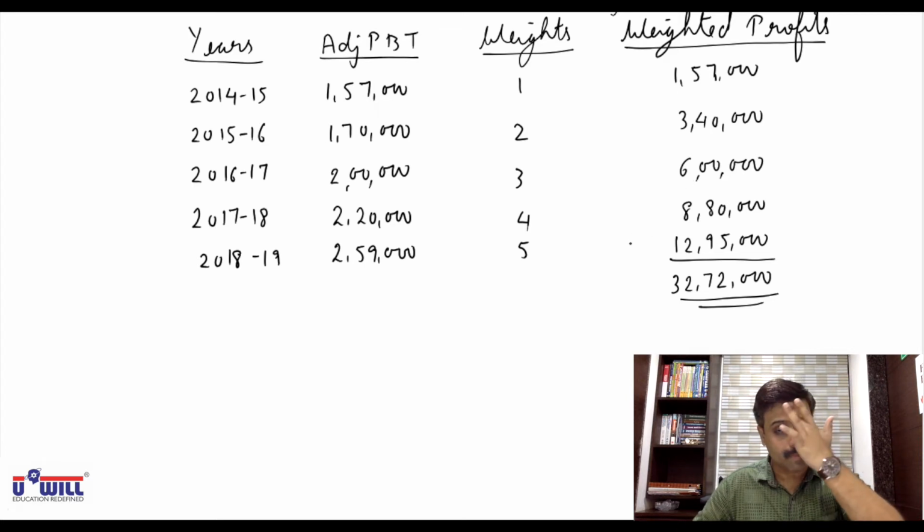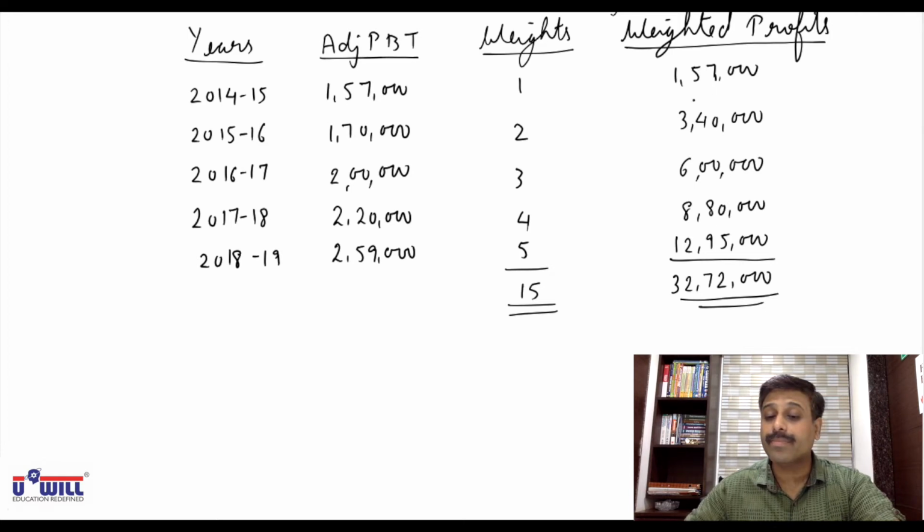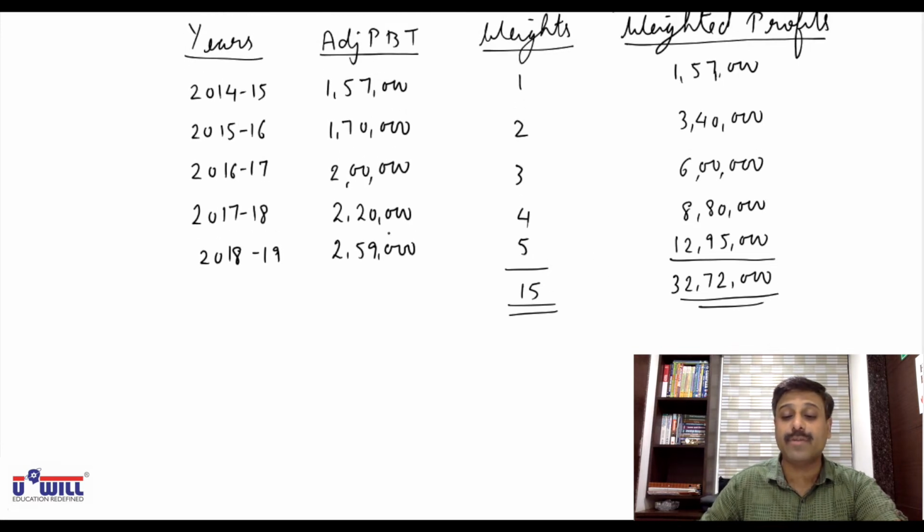Now total of this will be 15. Okay. Now, weighted average profits we have to find.